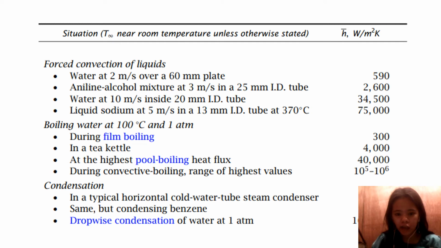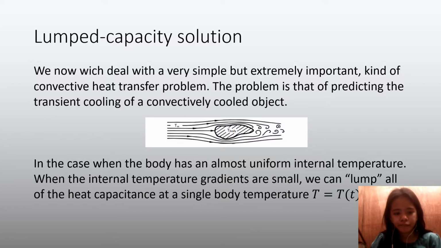At highest nucleate boiling it is 40,000. During convective boiling the value ranges from 10 to the power of 6 to 10 to the power of 8. Condensation in a typical horizontal water tube, film condensation versus drop condensation, for water at 1 atm.